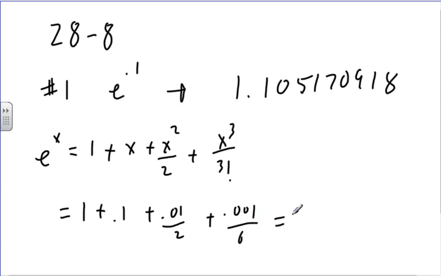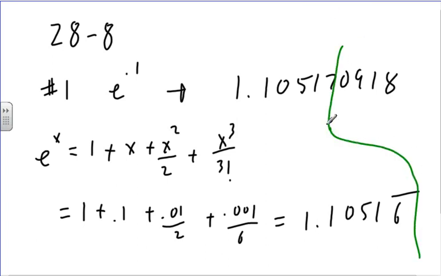We'll do that computation: 1 plus 0.1 plus 0.01 divided by 2 plus 0.001 divided by 6. My calculator says 1.10516 repeating, which rounds off pretty close, so it rounds off to the same answer.